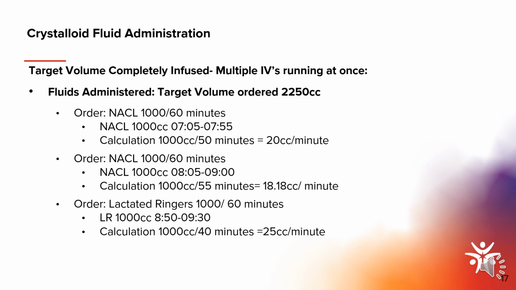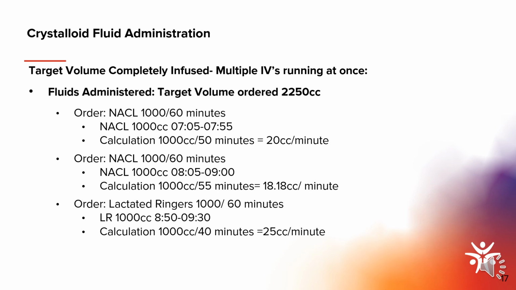So if you look at the fluid orders and the actual time that they were administered, we have normal saline, 1,000 cc's over 60 minutes. It was actually administered over 50 minutes, and we calculated out 20 cc's per minute based on 1,000 cc's being divided by 50 minutes.